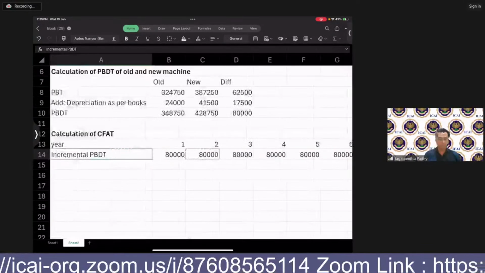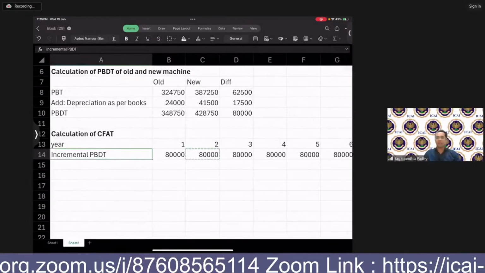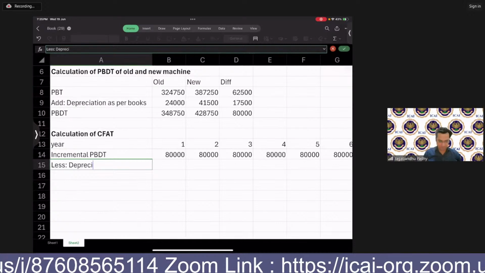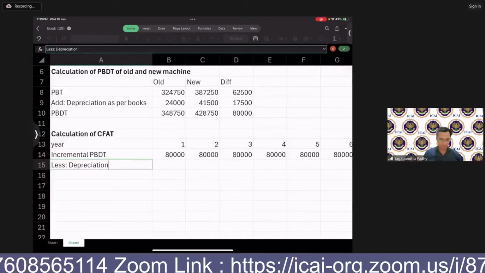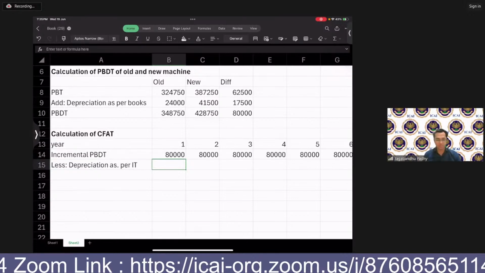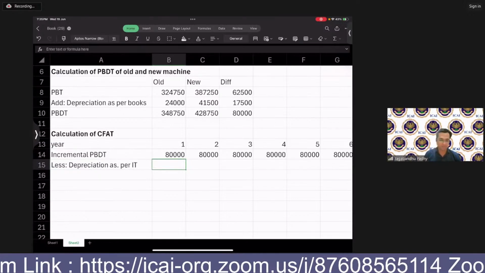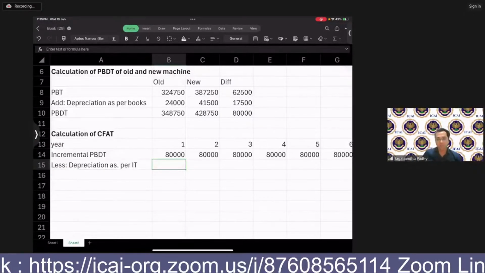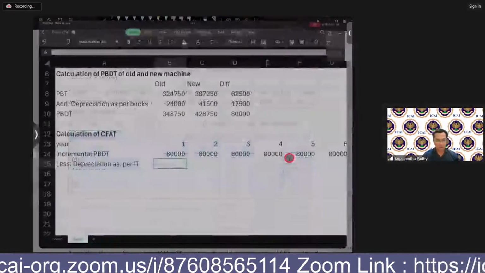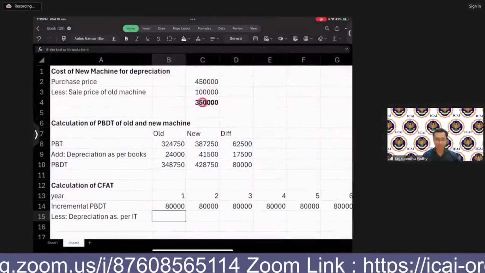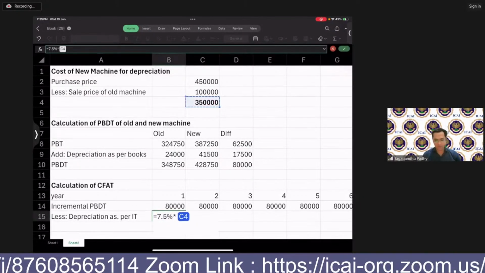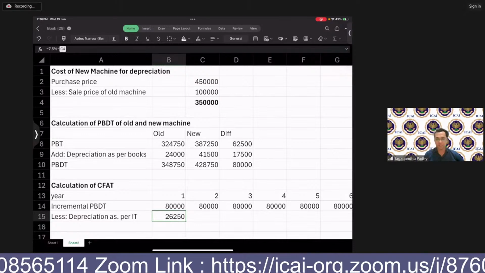But from that, we are going to reduce the depreciation figure, say less depreciation as per income tax. Depreciation as per income tax is 7.5%, so that's going to be 7.5% of our cost of machine, which you have computed as 3,50,000. So 7.5% of 3,50,000 is 26,250.